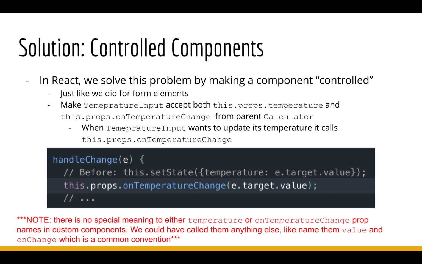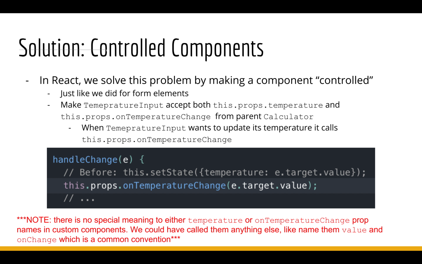So what we'll do is we'll make temperature input accept both the prop this.props.temperature and this.props.onTemperatureChange. And both of these are going to be coming from the parent calculator component. And so when the temperature input component wants to update its temperature, it'll call this.props.onTemperatureChange.